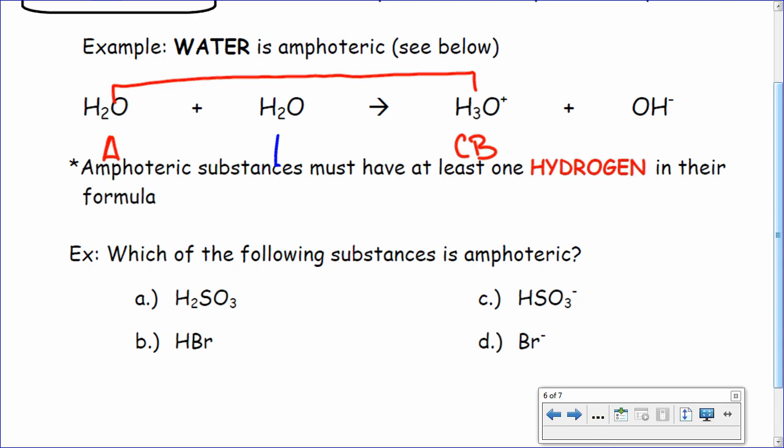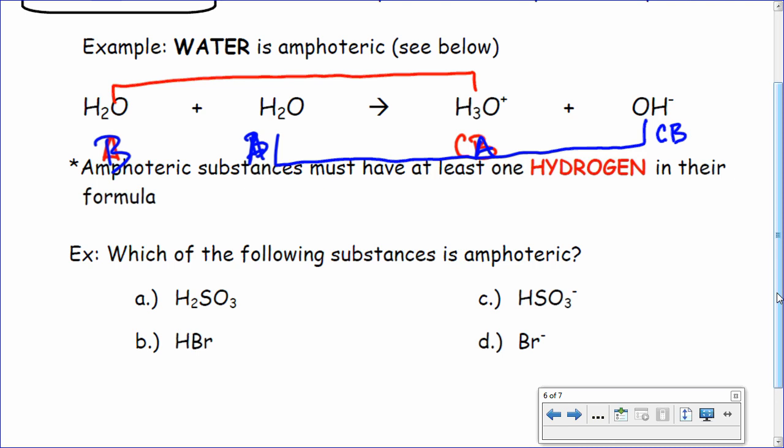But then if I look at this H2O, I have the base and the conjugate acid. Either way, water's kind of playing both sides of the game here.